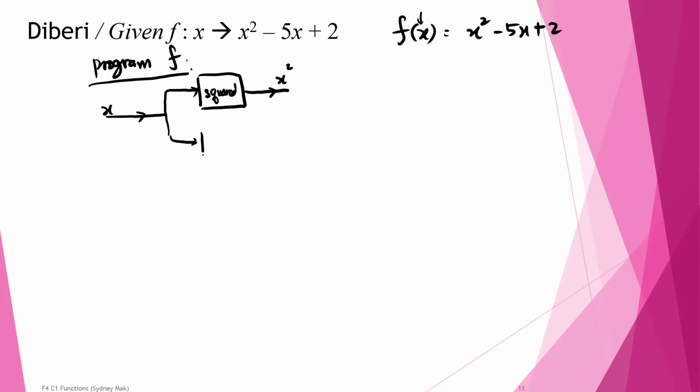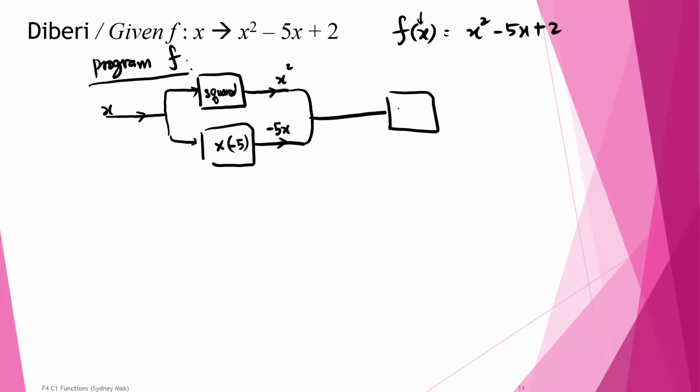And at the same time, I multiply, and when you come out of the production belt, it becomes negative 5x. So you square the x, you times negative 5 to the x, and these two combine. It will pass through the last belt, whereby you plus 2. Okay, this is what it means.